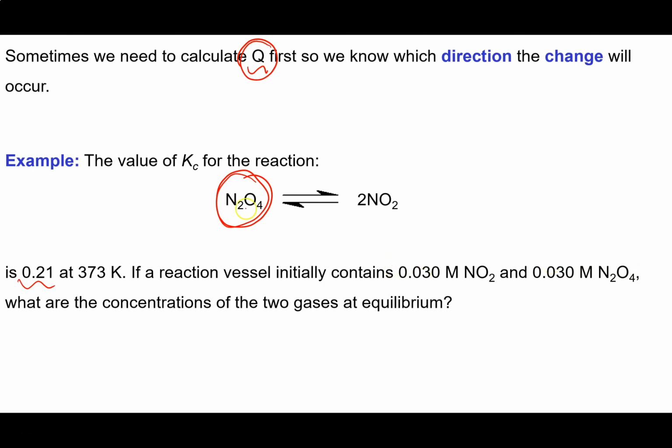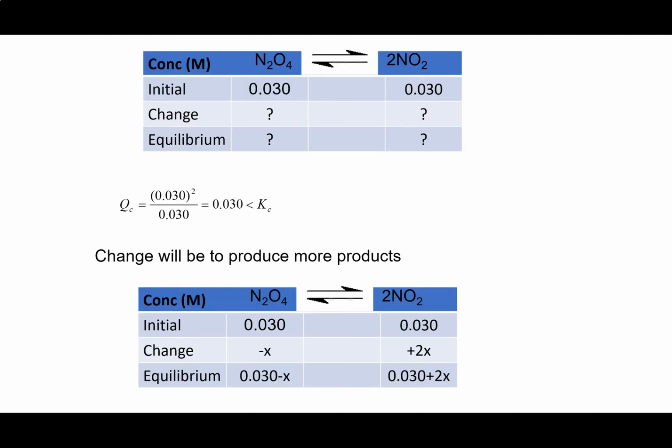In this case, we've got some reactants and some products, so we can't make any assumption about what direction it's going to shift. So what I'm going to do is set up the ICE table, and you can see we have equal amounts of the N2O4 and NO2 to begin with. Then I'm going to calculate Q, and compare it to K. It's products over reactants, but we've got to square the products because there's 2 of them.